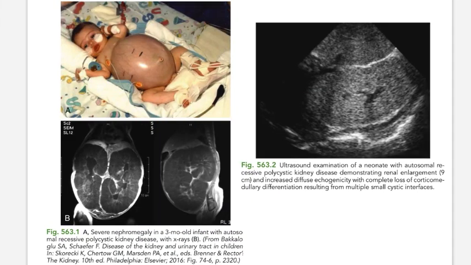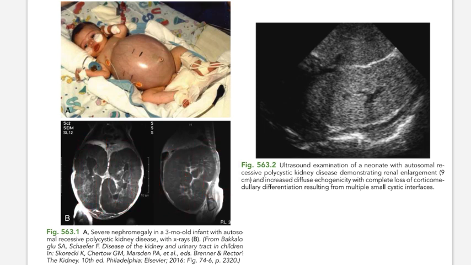Okay, so just see this image. This is a 3-month-old infant with a massively enlarged abdomen, and you can see enlarged kidneys. On X-ray, just see how enlarged they are. Two kidneys are almost filling up the whole abdominal space.